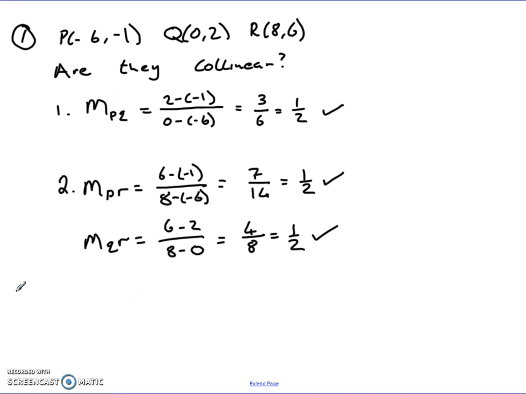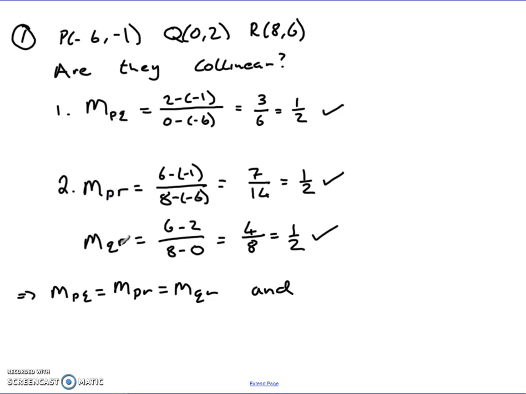Now this is where our key part of communication within mathematics comes in, because great, we've done the work, we now have to be able to explain our answer. So whatever one you pick, we have to make sure of it. So we'd say, so therefore our gradient from P to Q equals our gradient from P to R equals our gradient from Q to R, and whatever are the common points you had, so if I chose this one here at the top, I'd say, and P was a common point.